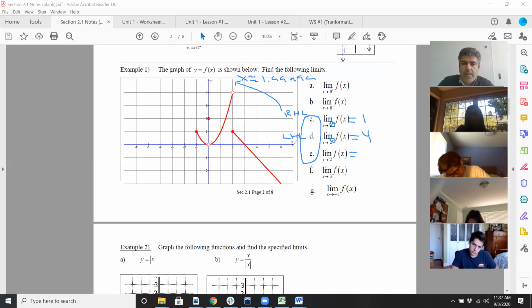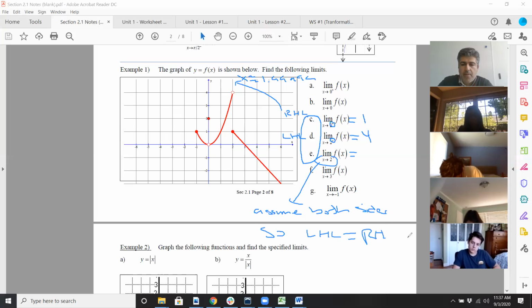Now, here's the dilemma. When you don't see a superscript, you assume both sides. So the LHL must equal the RHL for the limit to exist.